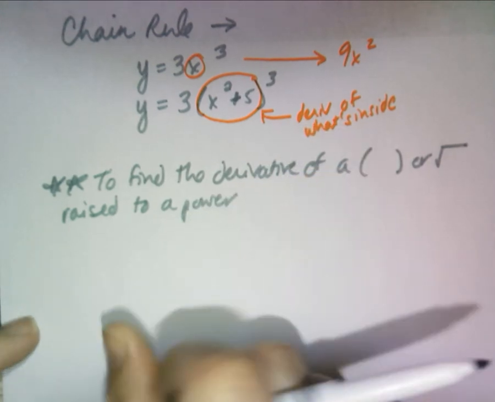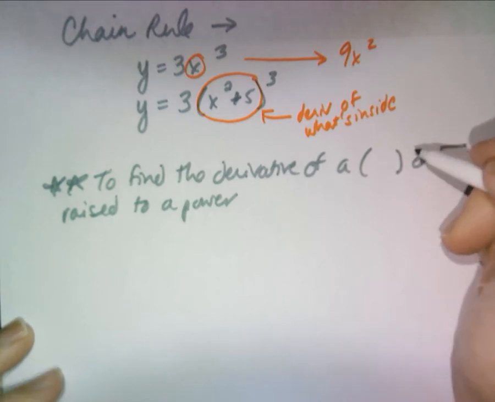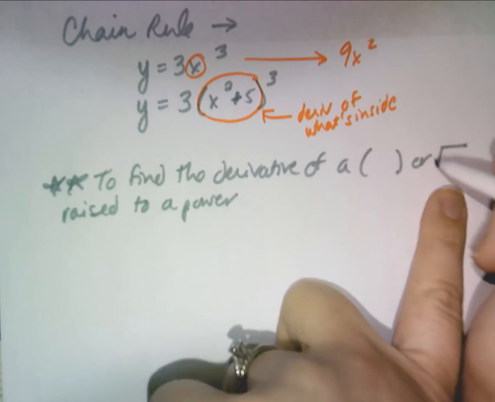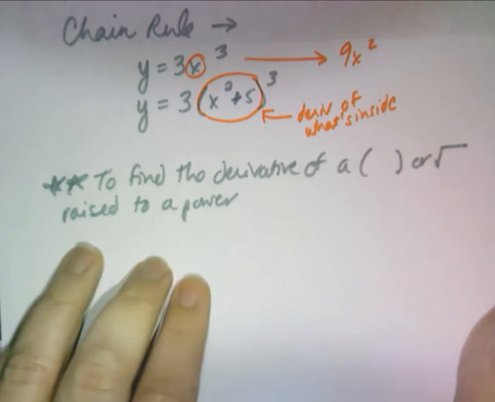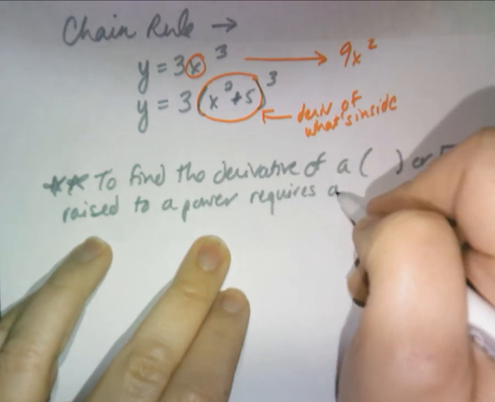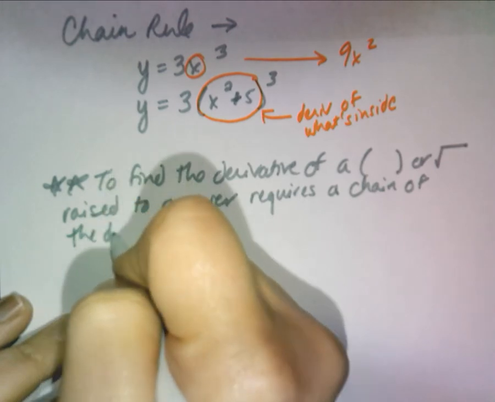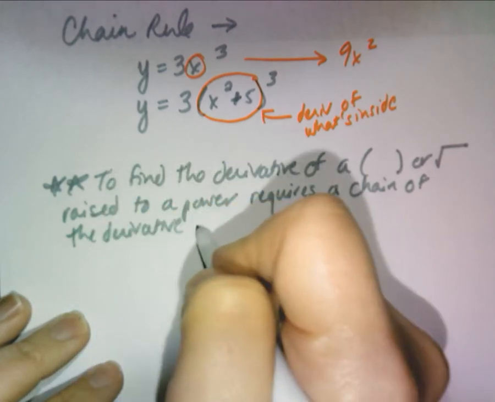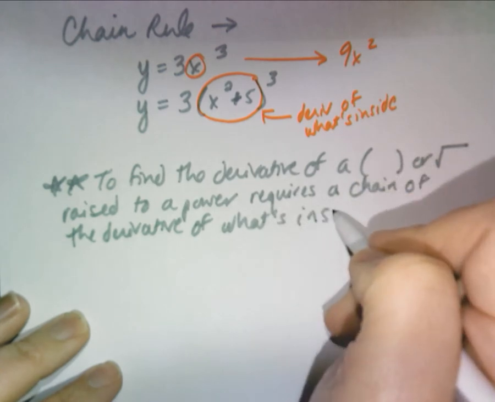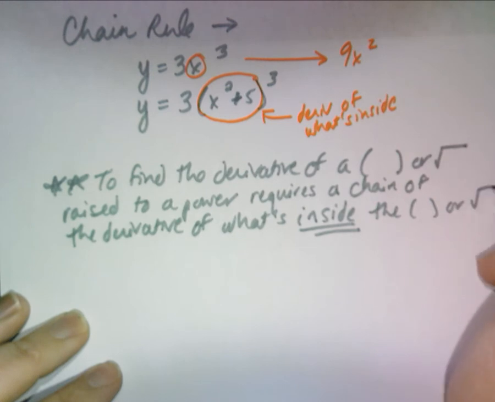So anytime you see a parenthesis that's raised to any power greater than 1, a 2, a 3, a 4, a 5, whatever, or a square root symbol, anything raised to a power requires a chain of the derivative of what's inside the parenthesis or root.